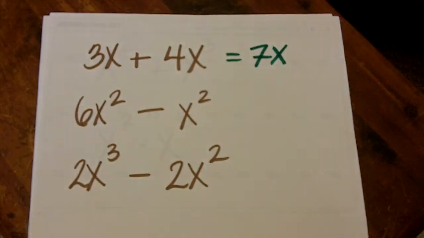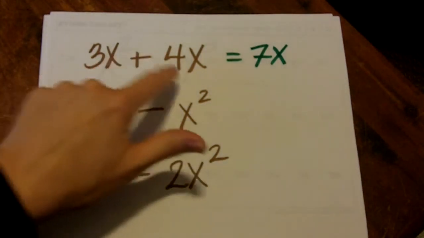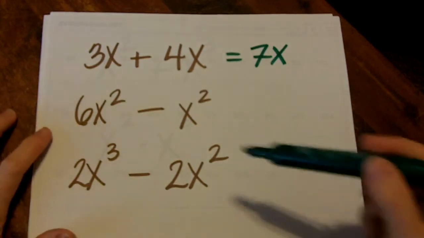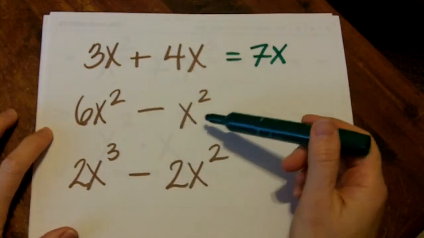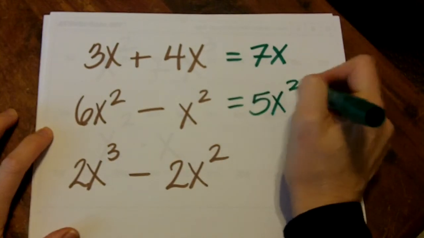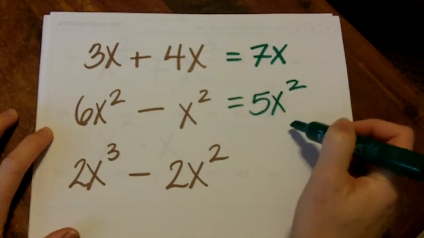Now, 7x is a monomial. This combination is not as it exists, as having a plus sign or a minus sign shows that it is not a monomial. But if they can be combined into a monomial, then they are considered one. Likewise, 6x squared minus x squared is going to be 5x squared, a monomial.